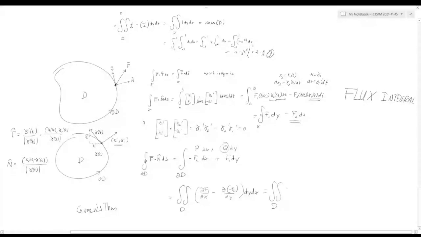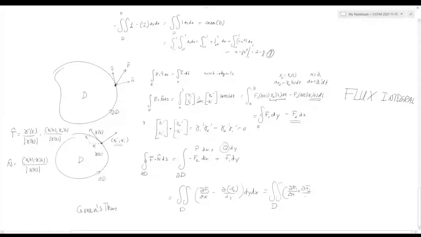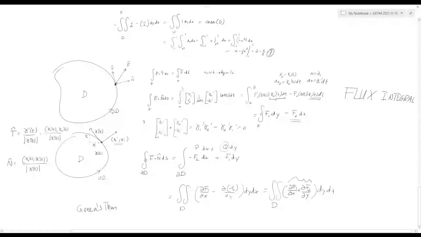So we get a plus over here. And so this expression is called the divergence of the vector field F.